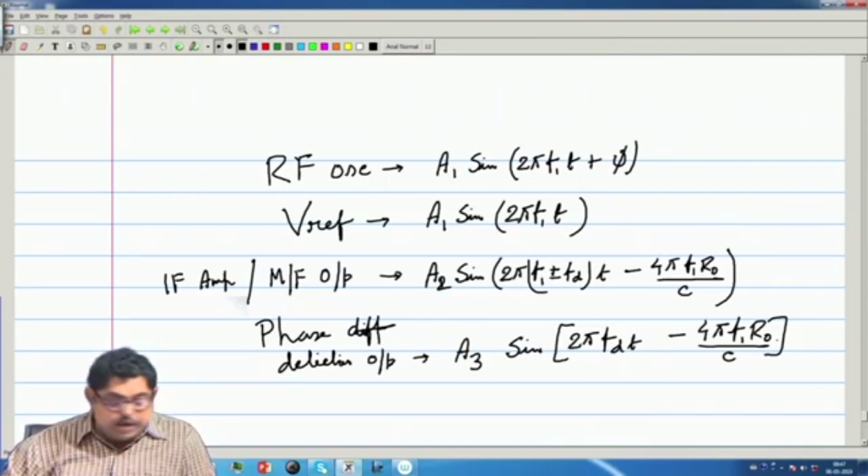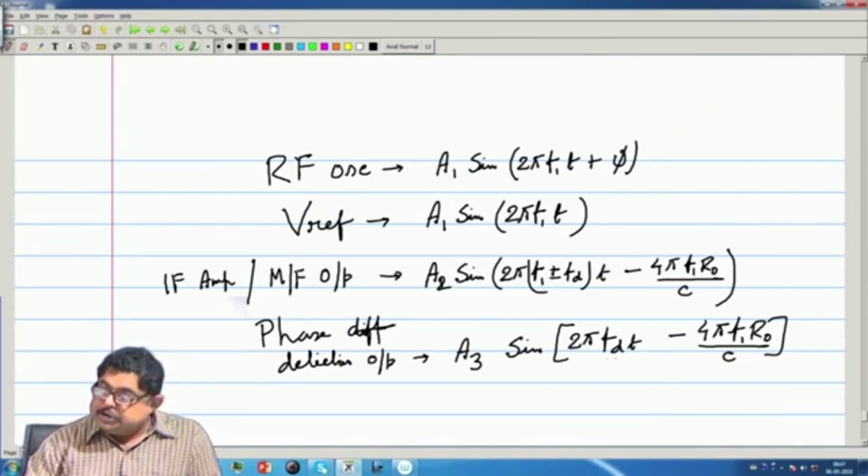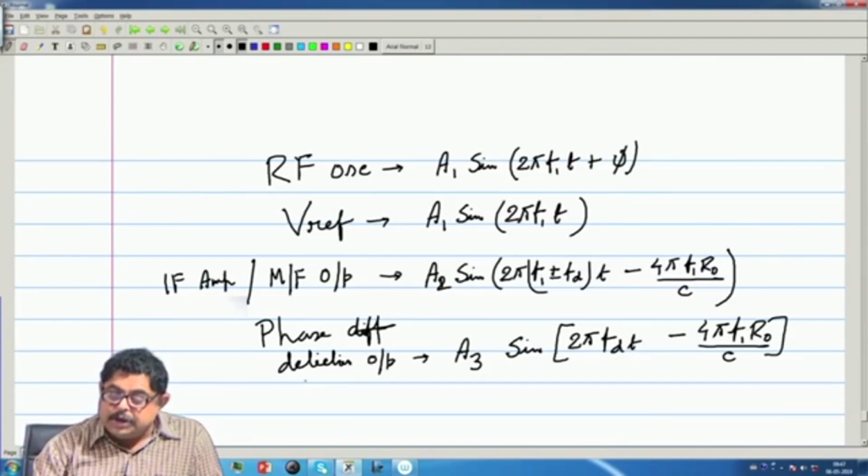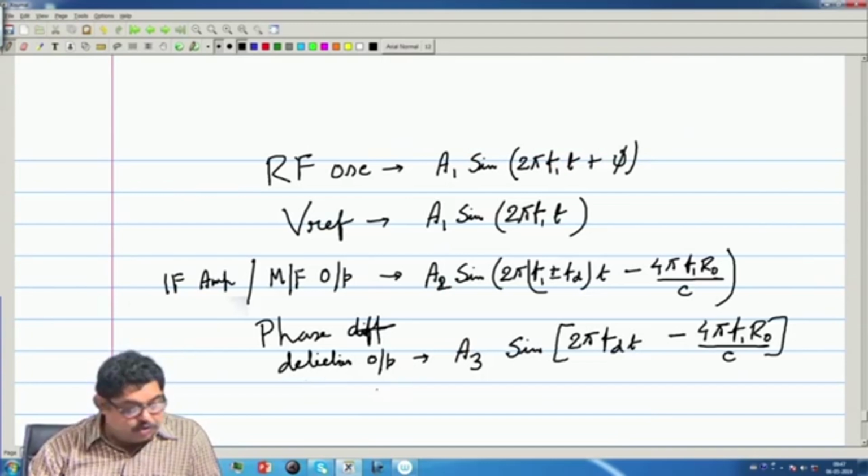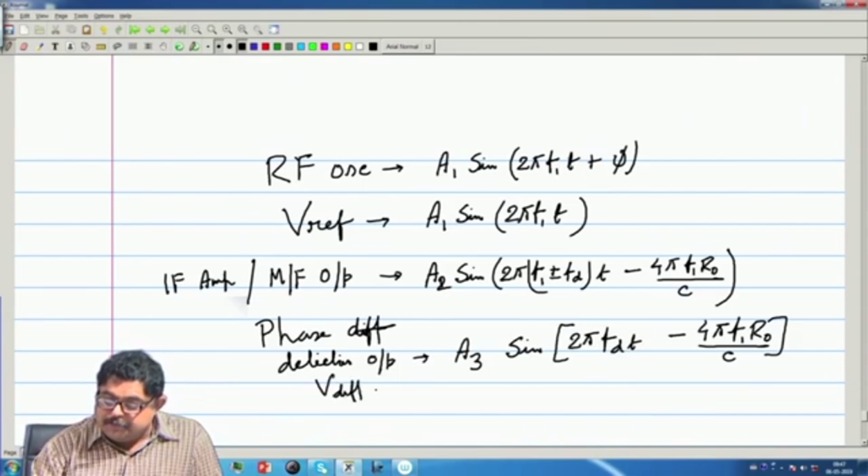Now, for stationary target, this is not a function of time. So, I can say that this output let me call V difference.